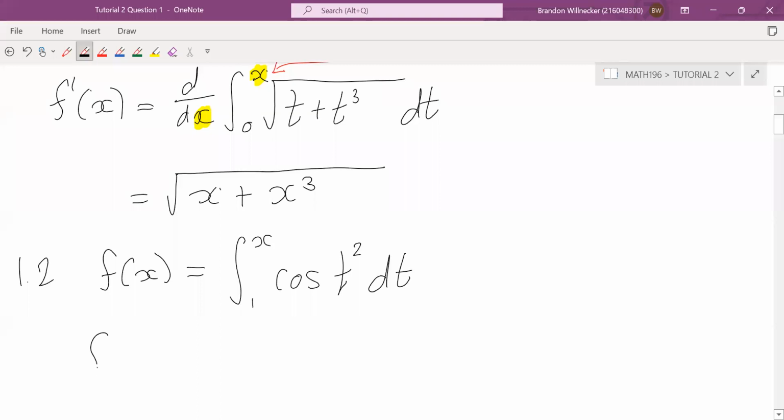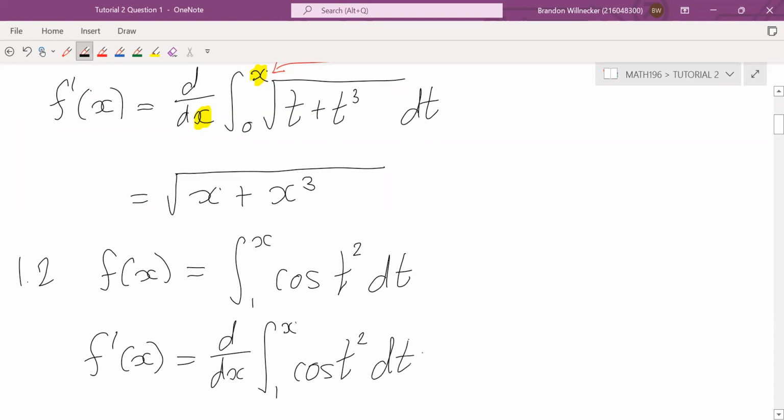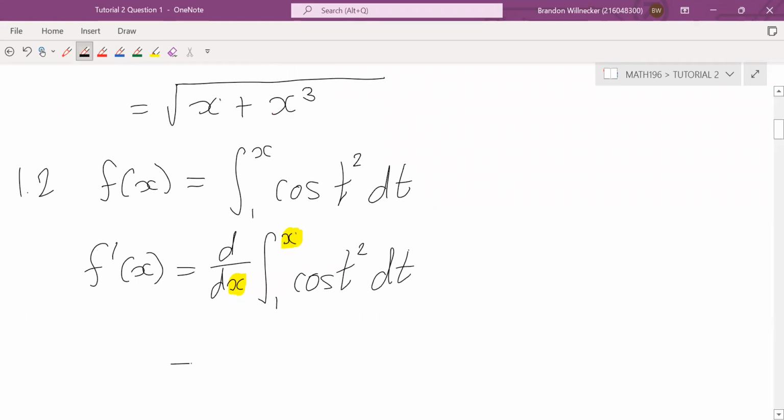So f prime of x is d by dx of the integral from 1 to x of cos of t squared dt. Again, we're differentiating with respect to x. We have a single x in the upper bound, so we can use FTC part 1. We just take the integrand and evaluate it at x. So now it becomes cos of x squared.